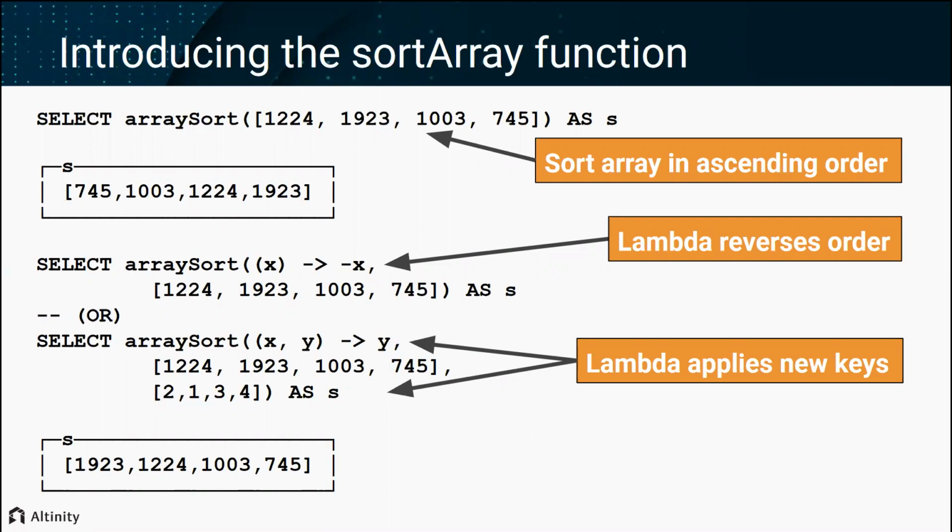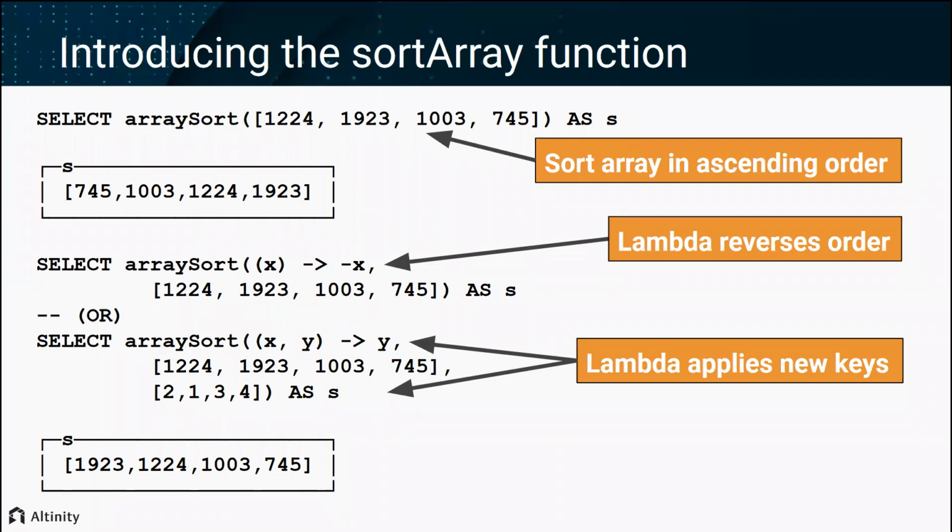Another really cool thing about lambdas is they can actually process multiple values. So within any function that supports these lambdas, you can have additional parameters coming into the lambda, and then add more arrays. What the second example of the lambda is doing is adding a second set of keys.